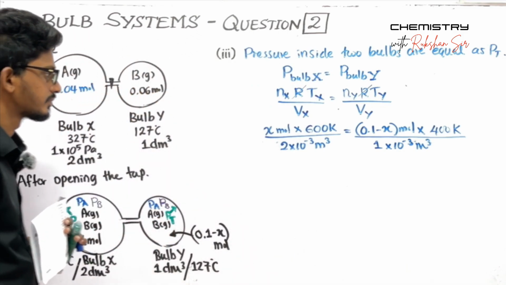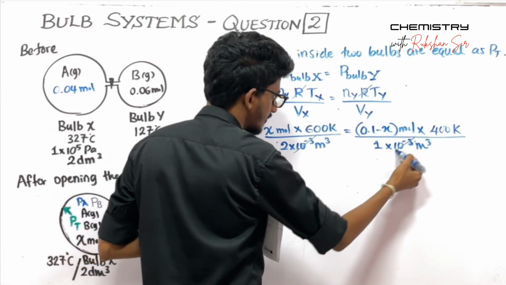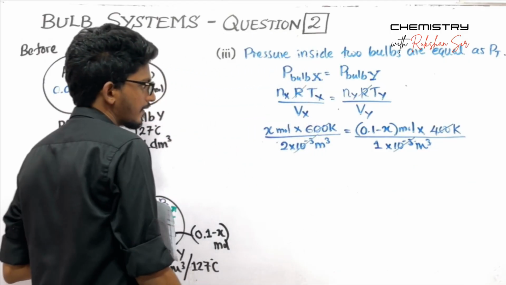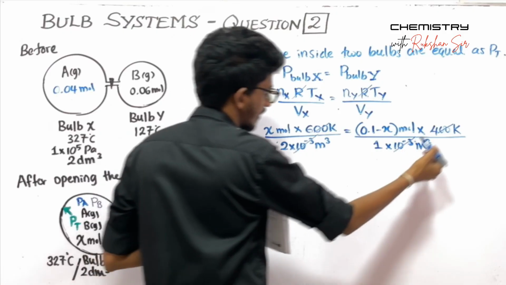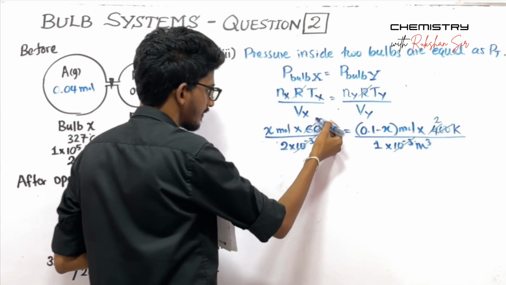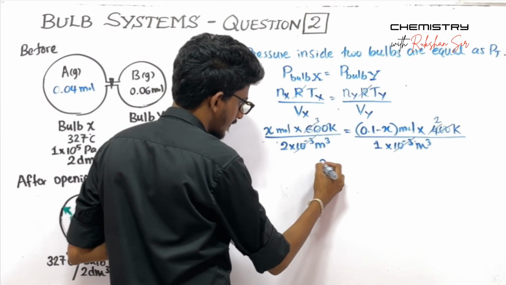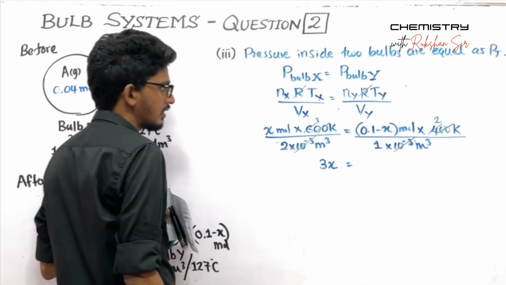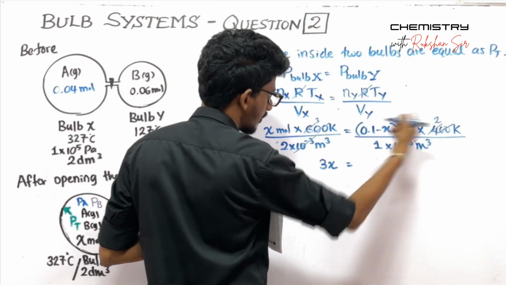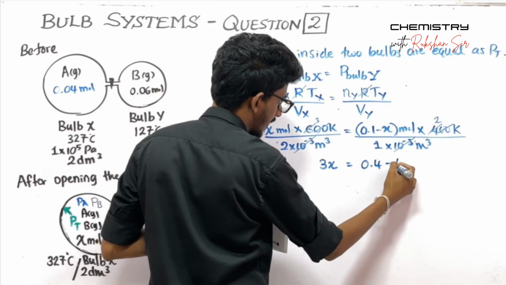Let's simplify. These things will cancel off, and you can simplify this one as well: 4, 2, and 3. So you come up with 3x is equal to, this goes here, it becomes 4 times 0.1, which is 0.4, minus 4x.